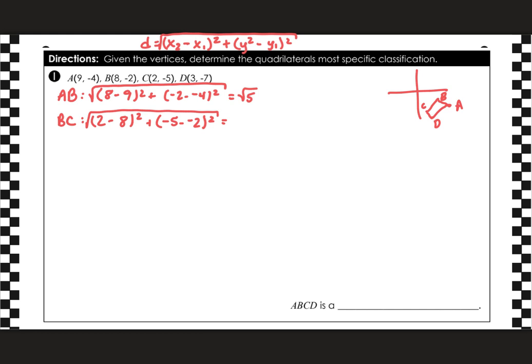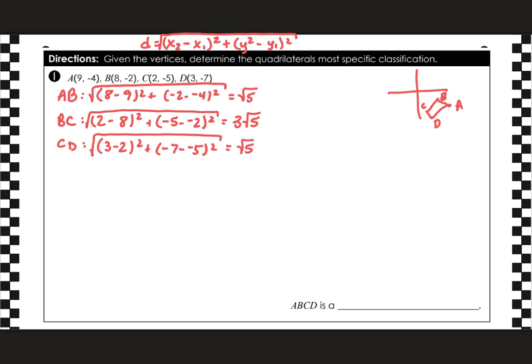That's going to give me 3 square root of 5. All right, then I'm going to do CD. And that is going to be 3 minus 2 squared plus negative 7 minus negative 5 squared. And I'll put that in my handy dandy calculator. That's going to give me a square root of 5.